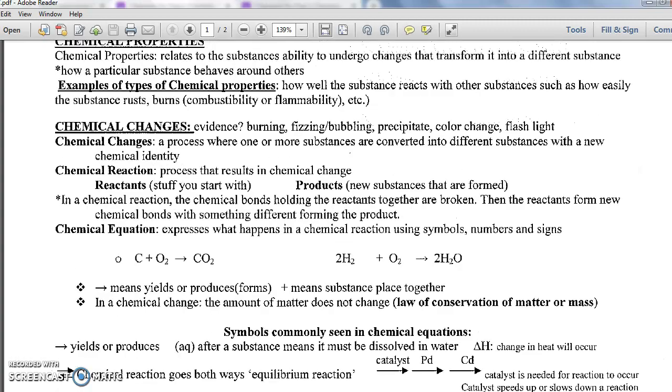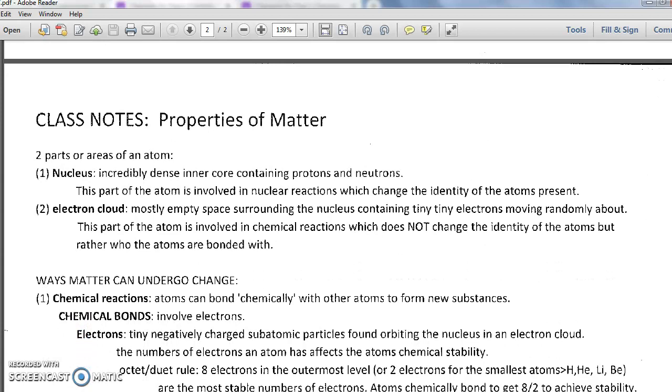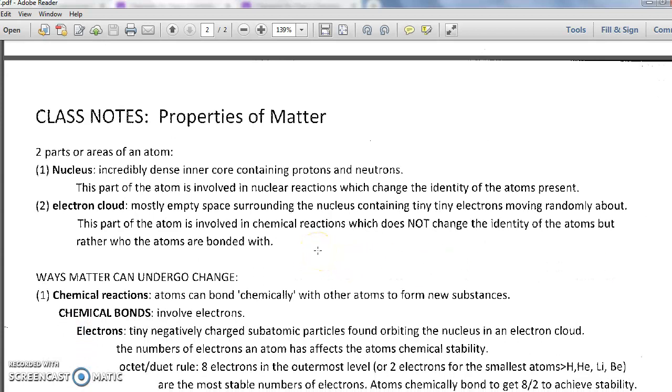But we've been talking about chemical properties and physical properties. Why? Because we've been mentioning that the alchemists sought to turn ordinary base metals like lead and copper into our precious noble metals such as silver or gold. But we know the alchemists could not transfer copper or lead into silver or gold.